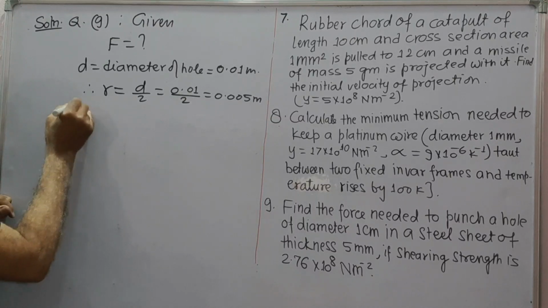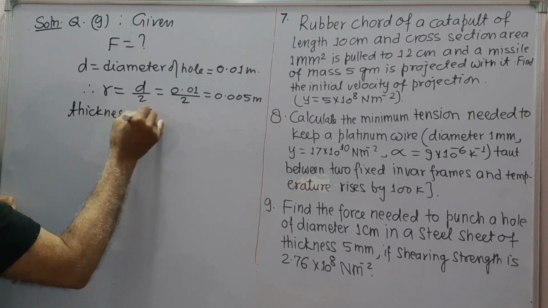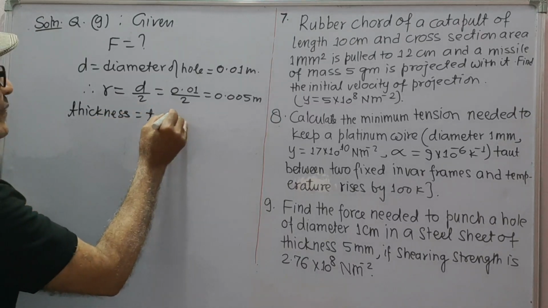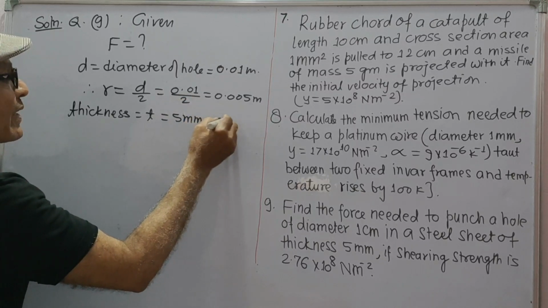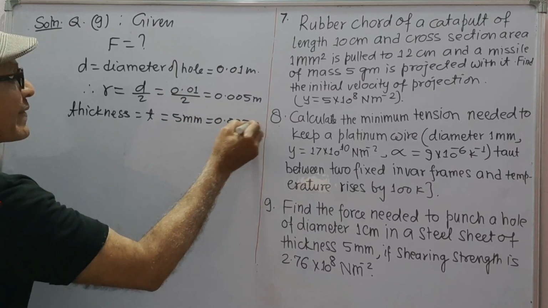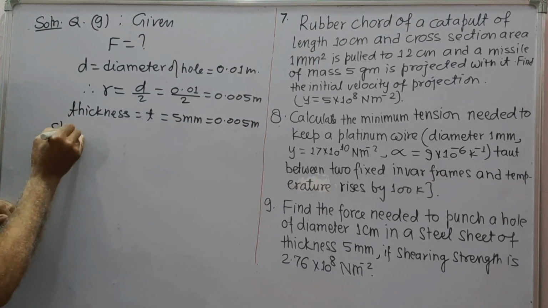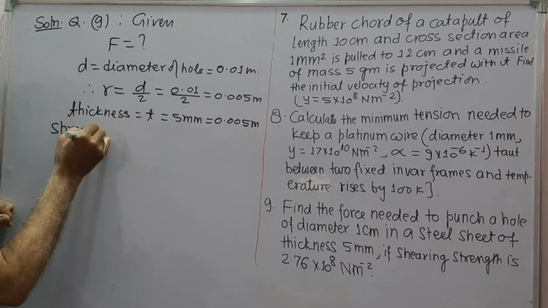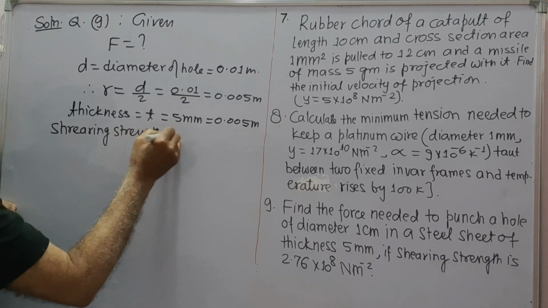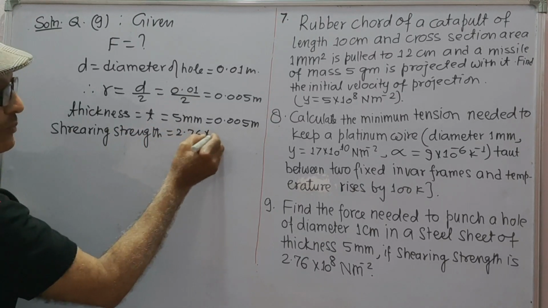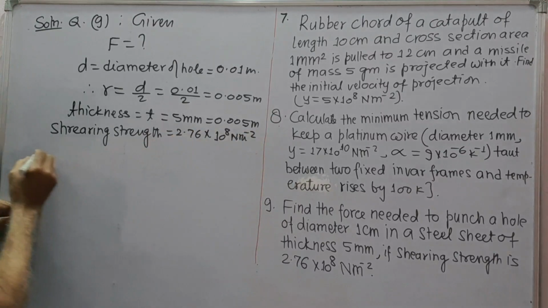Thickness of sheet, suppose denoted by T, is 5 millimeter, 0.005 meter. Shearing strength 2.76 into 10 to power 8 Newton per meter square.